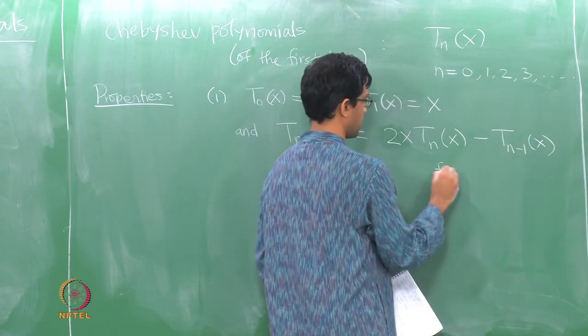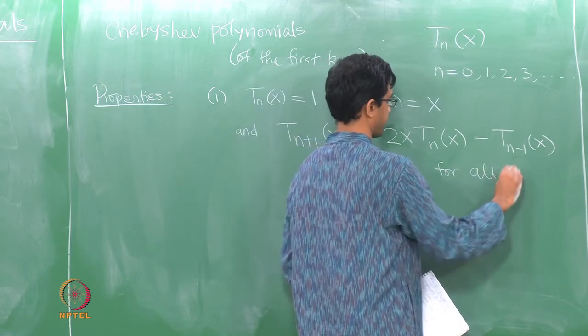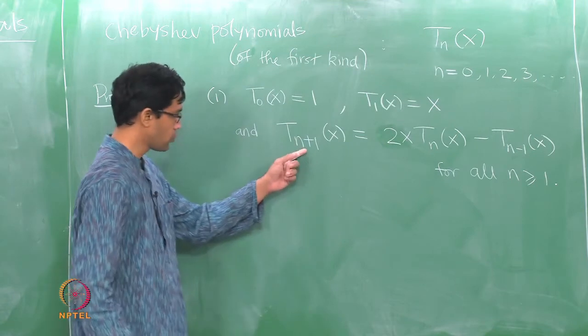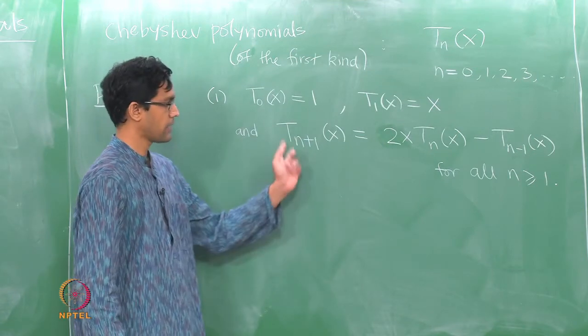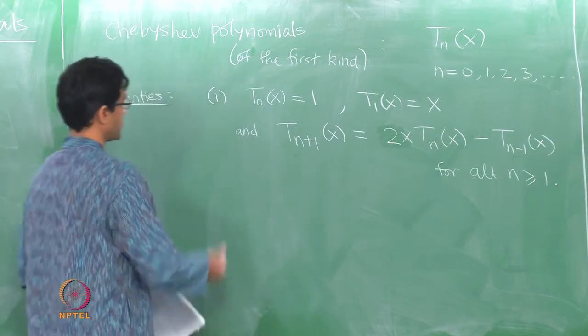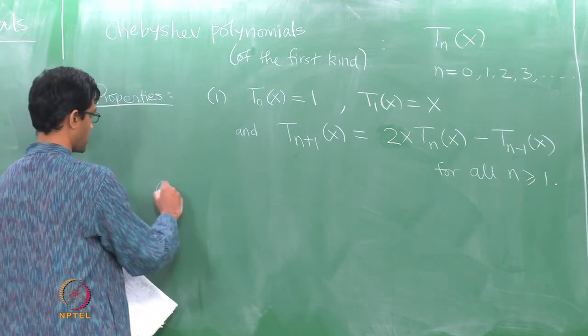This is for all n at least 1. In other words, T2, T3 and so on are the ones for which you can apply this recurrence. So that is the first property, that they are given by a recurrence.